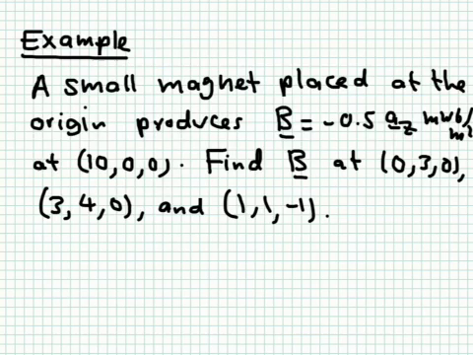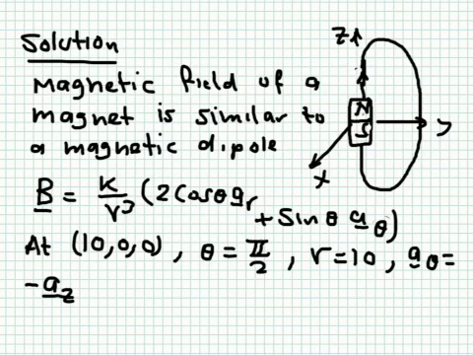So we know we have one piece of information: at the point 10, 0, and 0, the magnetic field is minus 0.5 az. Then we try to find the expression for the magnetic field of the small bar magnet, using this given piece of information. So you start by drawing a simple diagram. This is a bar magnet. It can have one orientation or another.